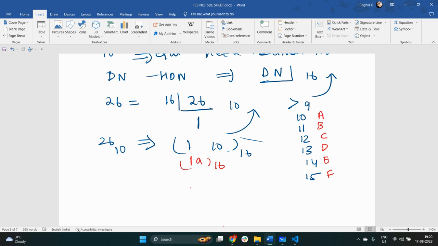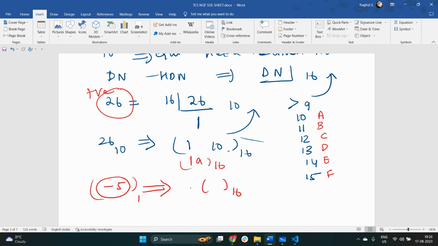So for a positive number, since 26 is a positive integer, it's very simple. For a negative integer, let's say minus 5, how are we going to find the equivalent hexadecimal number?